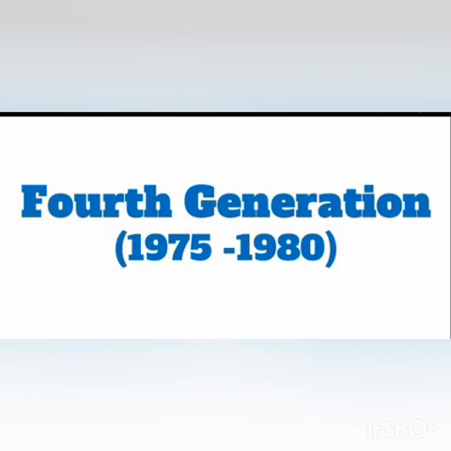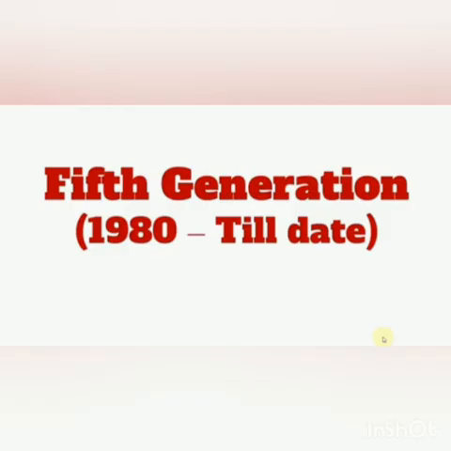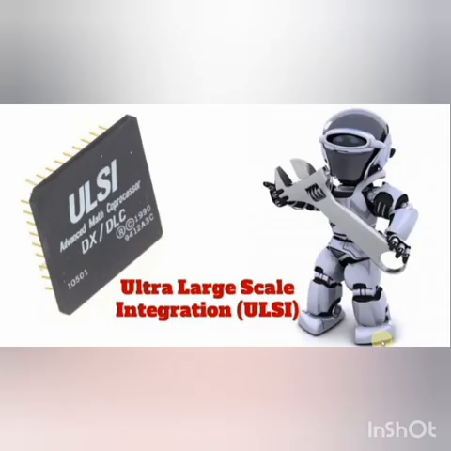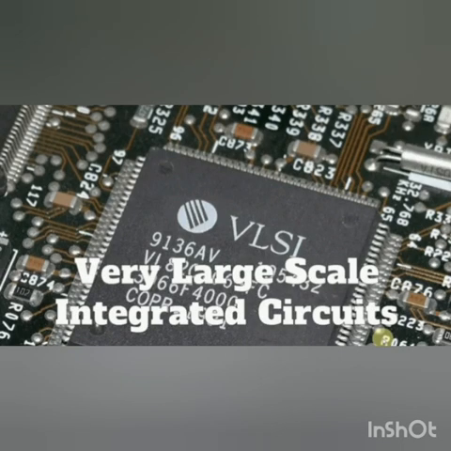Now we will move on to the fifth generation. Generation 5th, and the period used in this generation is 1980 till date. The component used in the fifth generation is ULSI, which is ultra large scale integration. We can say it is the upgradation of very large scale integrated circuits.